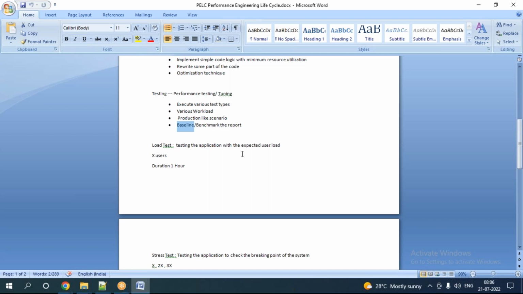We'll test for that and we'll baseline the value. Like you said, based on discussions with different stakeholders, we will reach an assumption of a number that we can define as a baseline or benchmark for a new application.